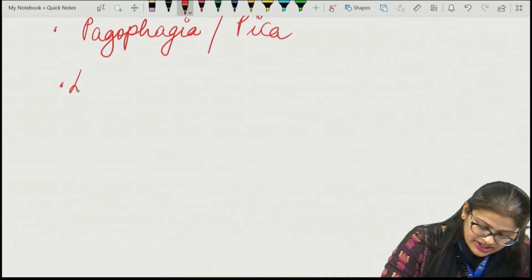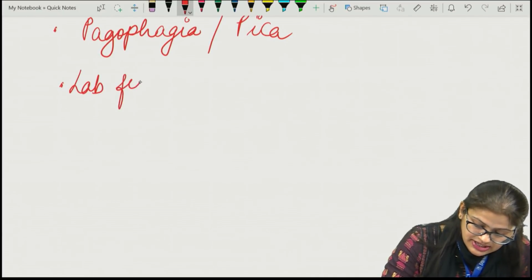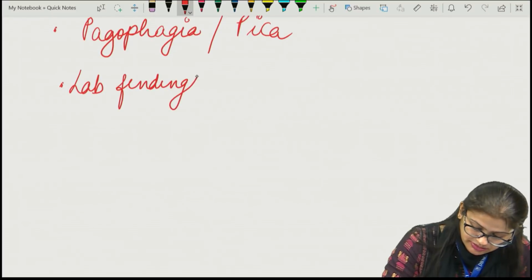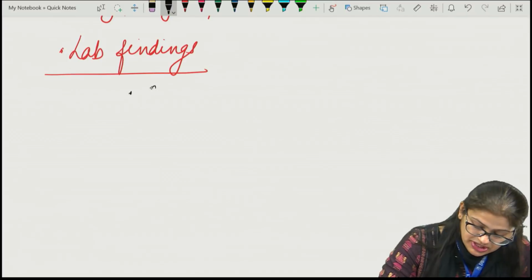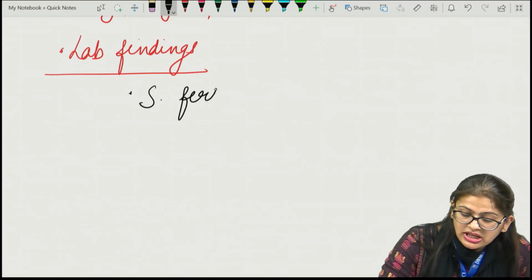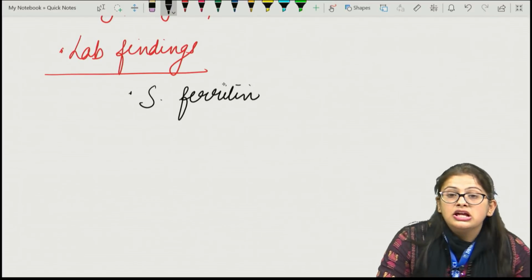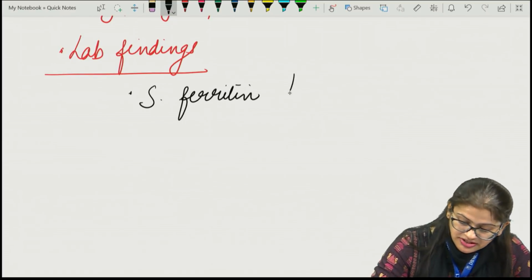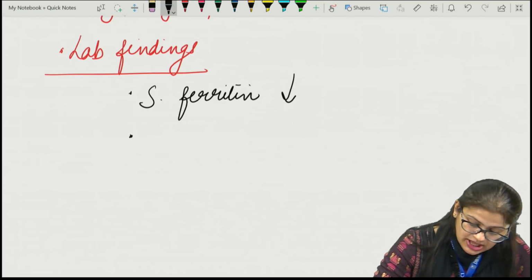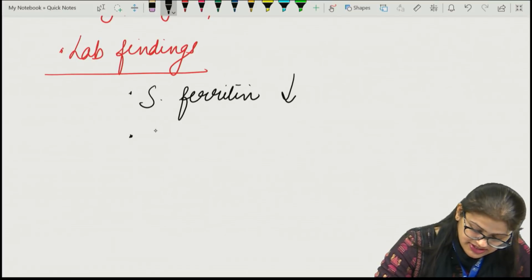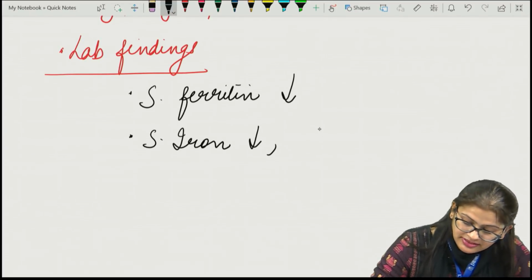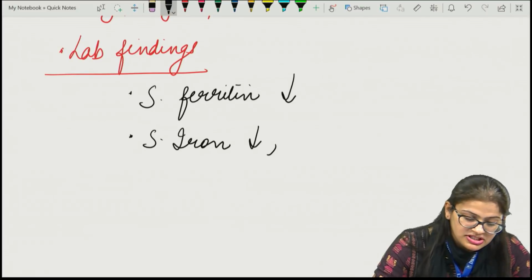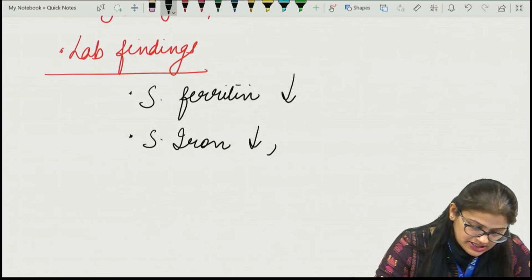So what are the lab findings that you will see in case of iron deficiency anemia? The important lab findings include serum ferritin, which reflects the iron stores in the body, which start reducing first. Next, the serum iron levels will fall and the total iron binding capacity of the serum will increase.